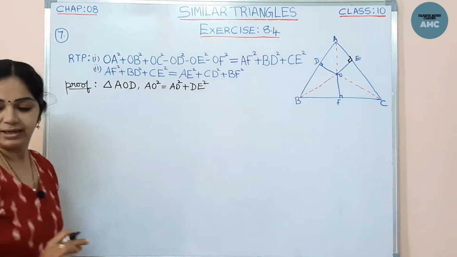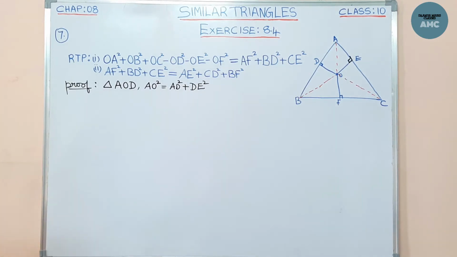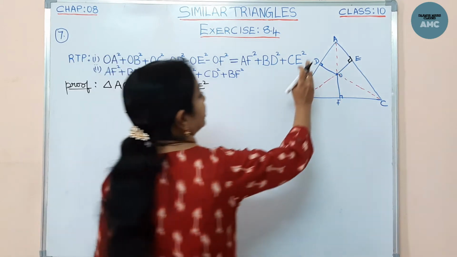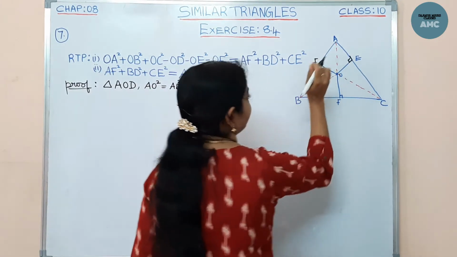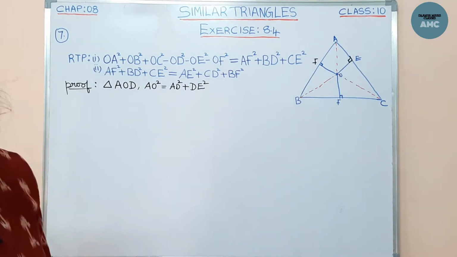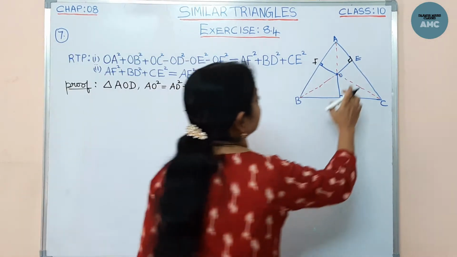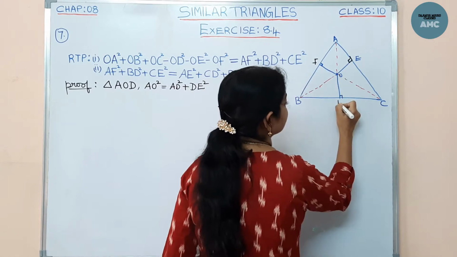Now, given in the diagram, this is F, sorry, I've written it wrong. This is F as given in the textbook, and this is E, but this is D.